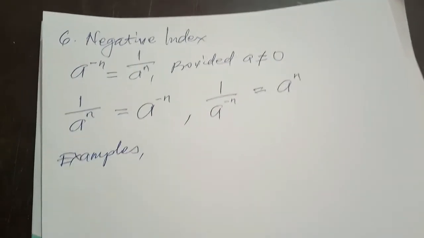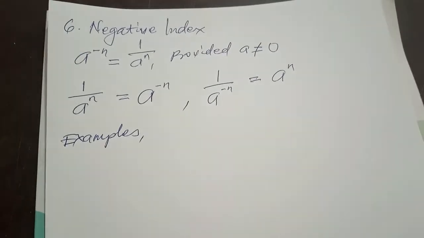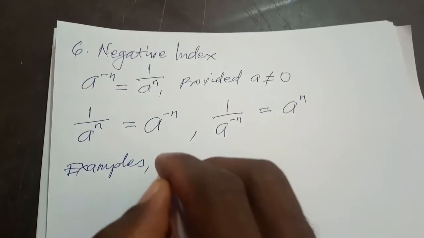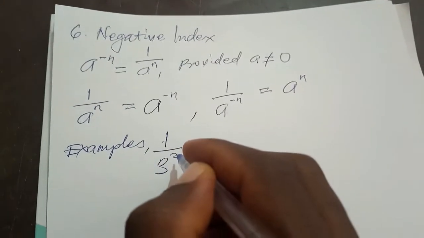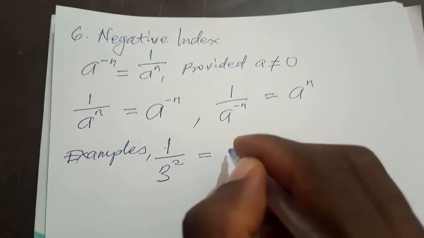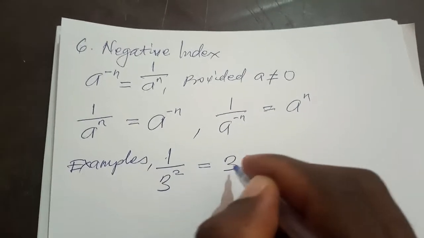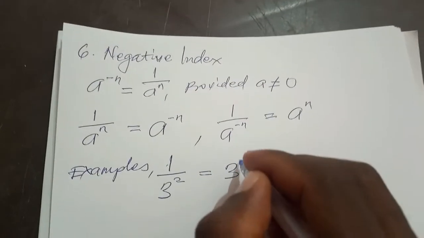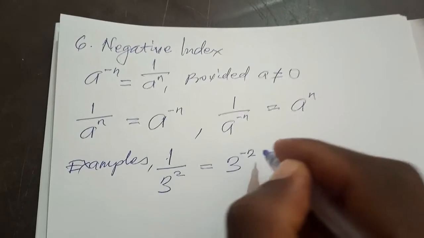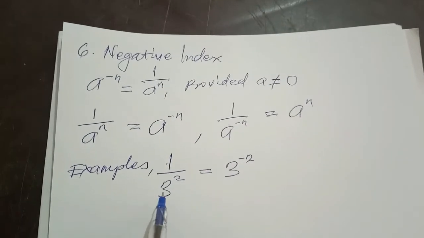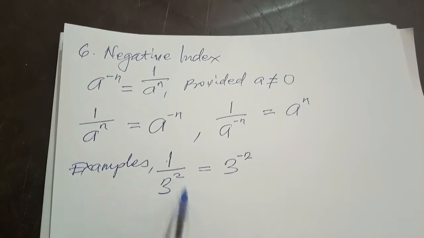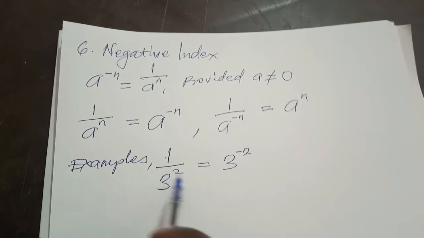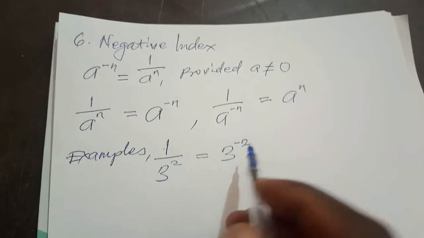Meaning that if we have 1 over 3 squared, that will be the same as 3 exponent what? Negative 2. Very good. 3 exponent negative 2, because we are making this 3 exponent 2 stand alone, no more as a fraction.